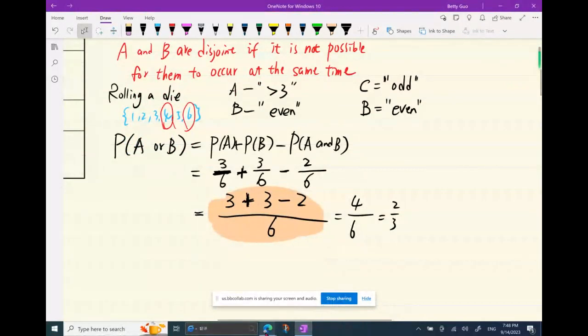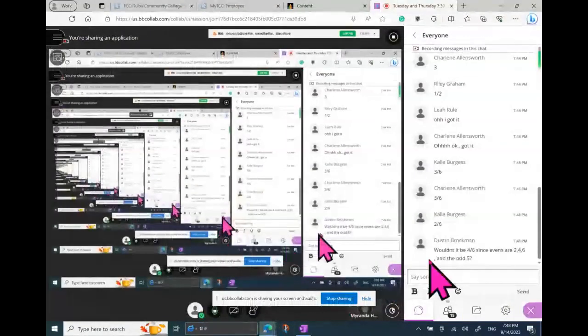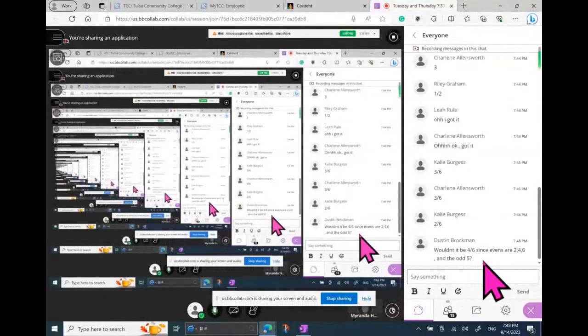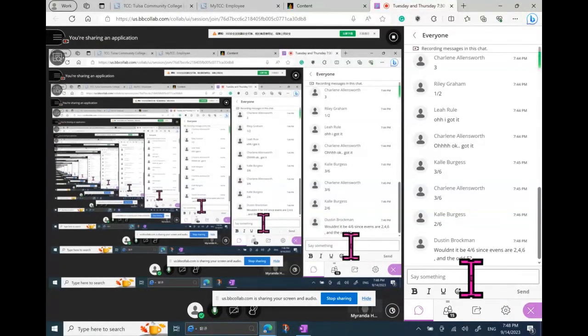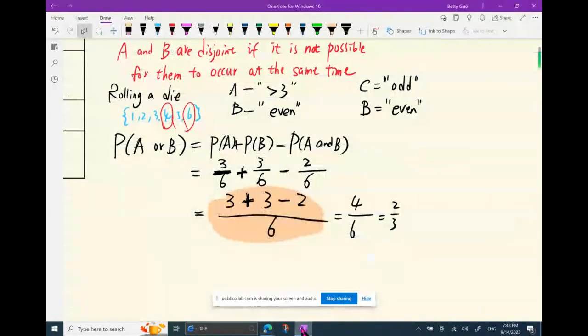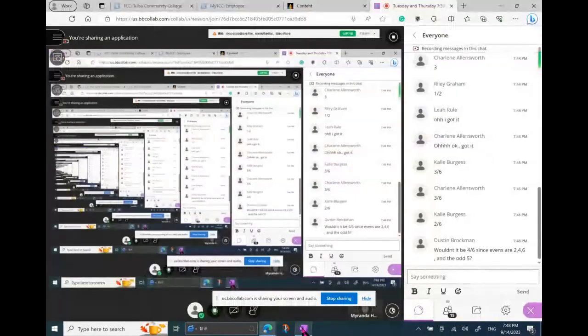Let's see if there are any questions here. The odd, would it be 4 or 6? What is 4 or 6? Yeah, the answer is 4/6. Reduce it to 2/3. Can you put it back on the other screen?